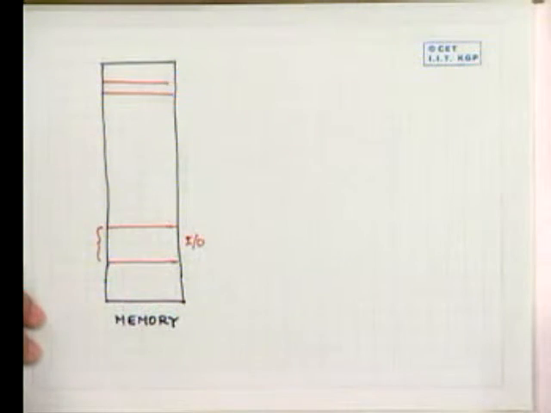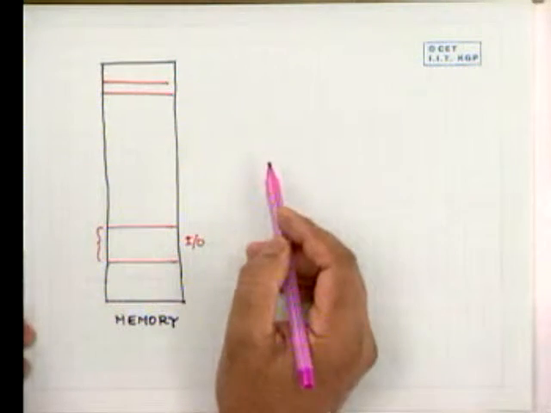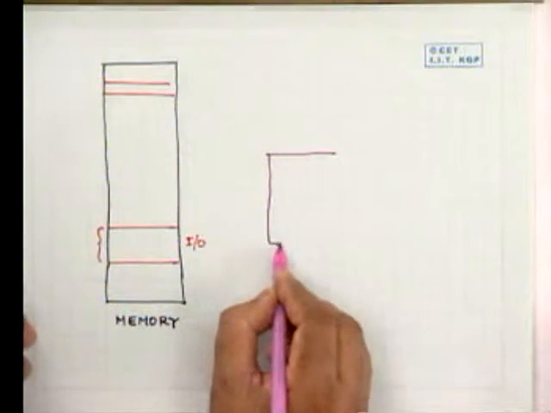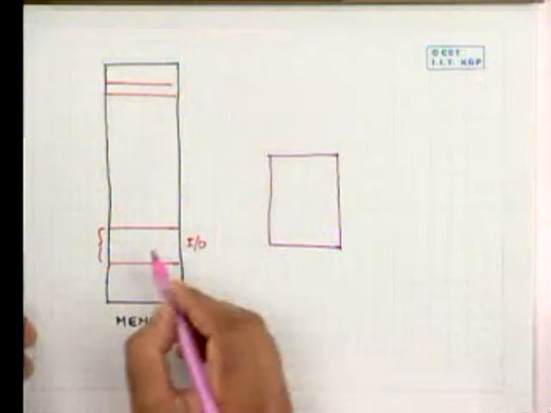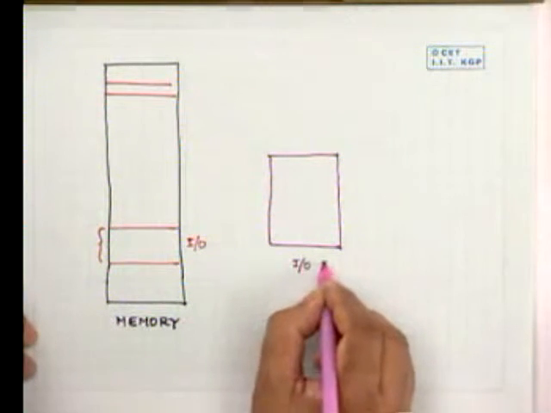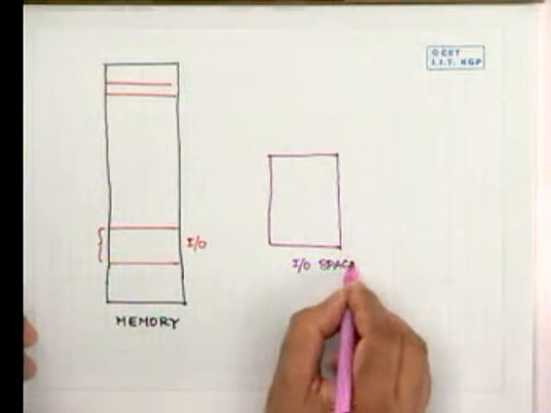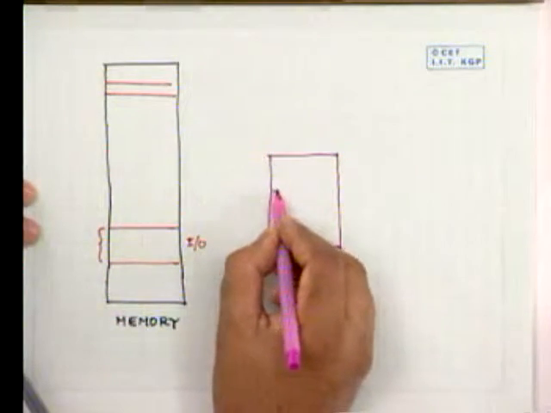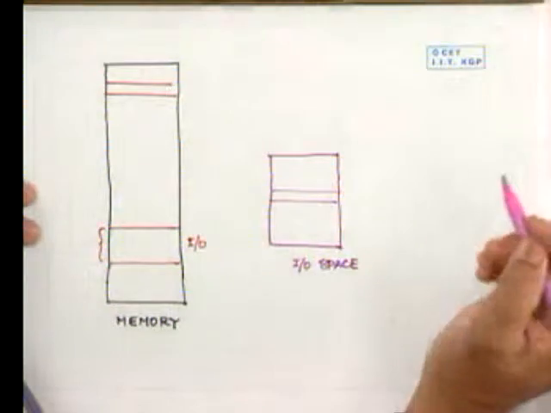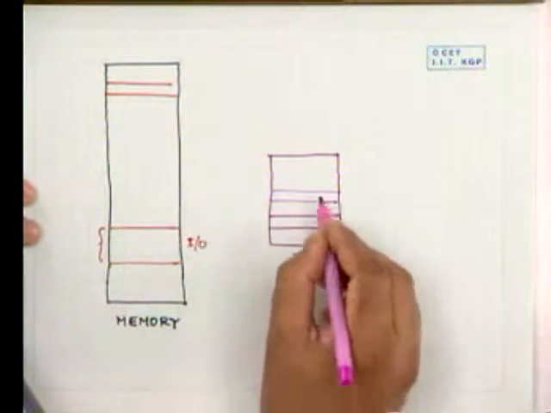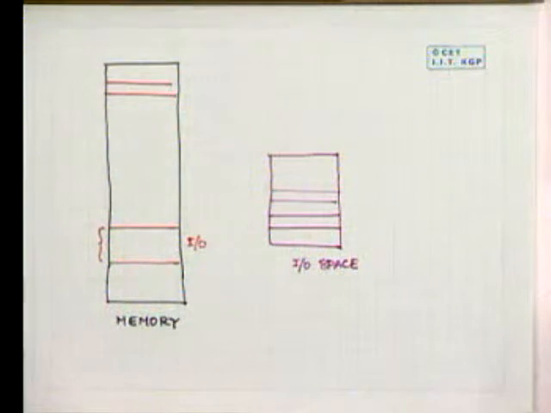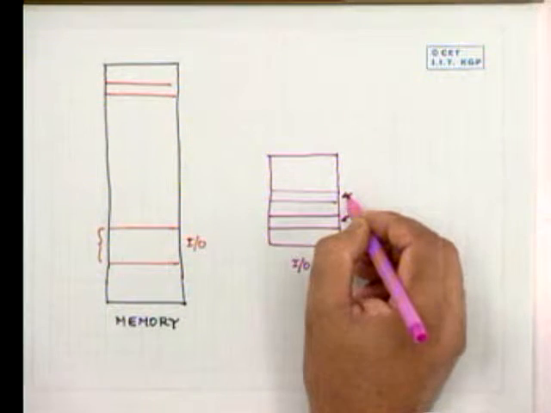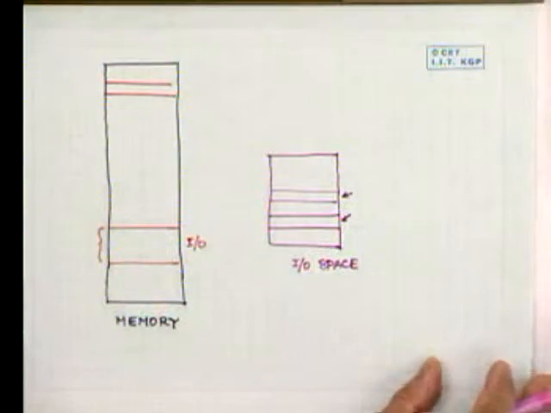If we use I/O read and I/O write, then the total I/O space, say this, is different from the memory space, and any registers in that I/O, that means the interface, are mapped into this I/O space. Some address here, some address here. Possibly this will be the command and status, and this will be the buffer register.